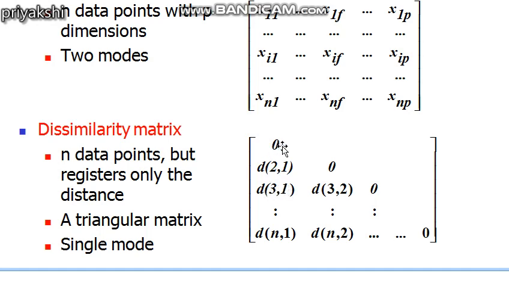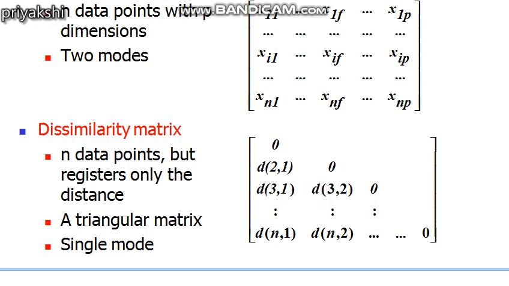So whenever you compute a dissimilarity matrix from the data matrix, all the diagonal elements will be 0 and you calculate either the lower triangular part or the upper triangular part. It is called a triangular matrix and it will have a single value. Distance of 2 and 1 will be replaced by some value, distance of 3 and student 1 will be replaced by some value.